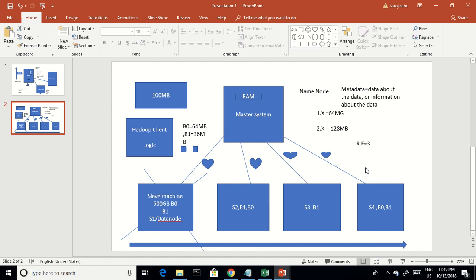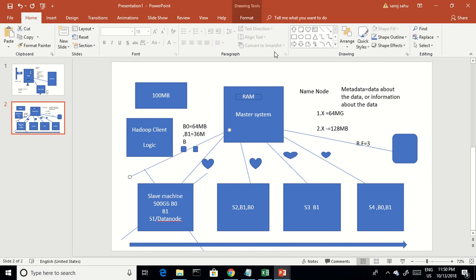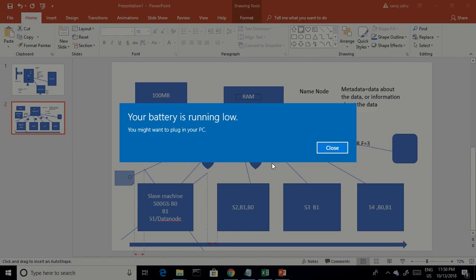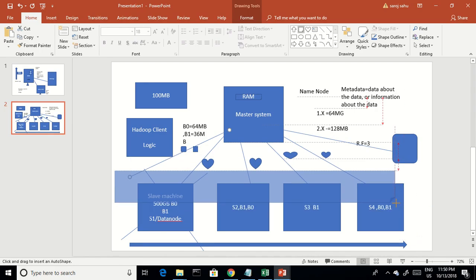On the fly, in the running condition, I can add as many systems as I want. If it is required, I can go ahead and add one more system. Like this, I can add an unlimited number of systems in this cluster.